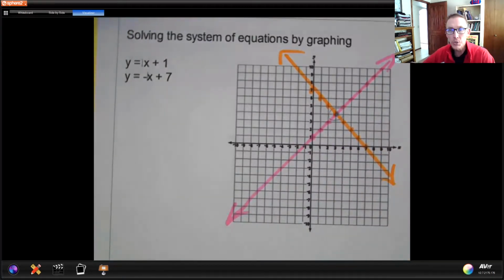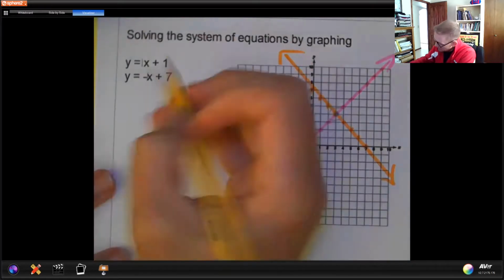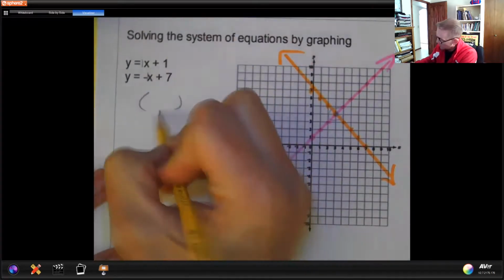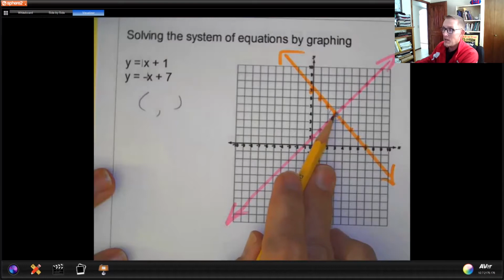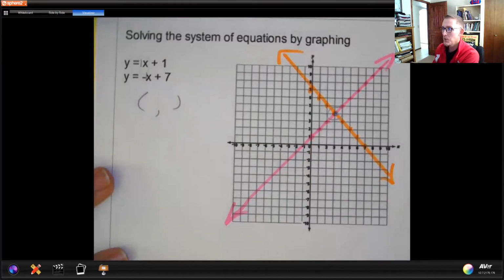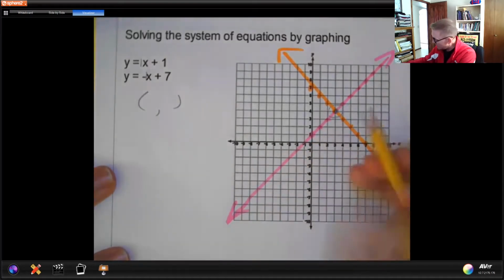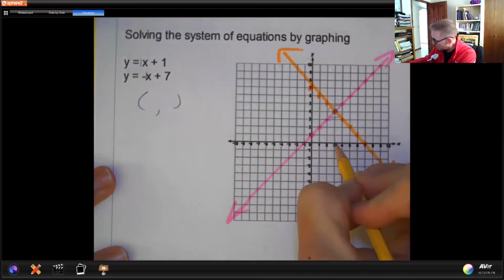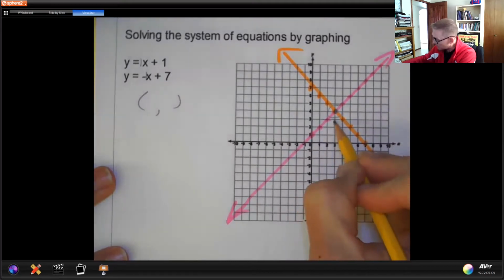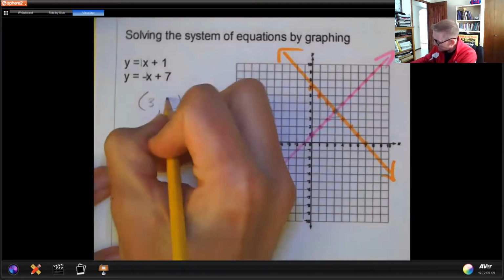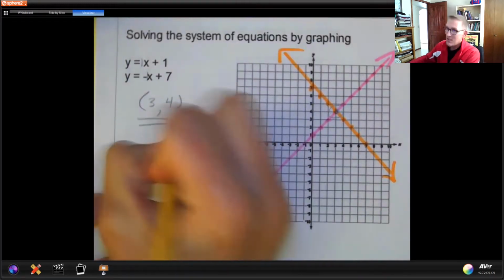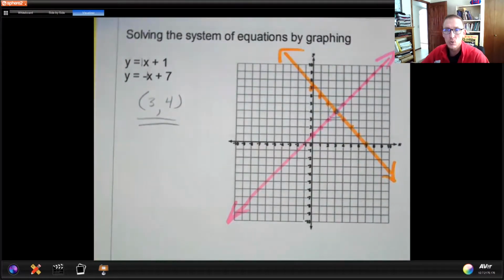So the solution to the system is the ordered pair for this point right here where the two lines cross. So this ordered pair is over 1, 2, 3, up 1, 2, 3. So this is 3, 4. That is the solution to the system. The point, the ordered pair where the two lines cross, is your solution.